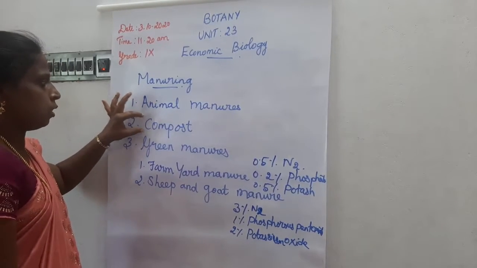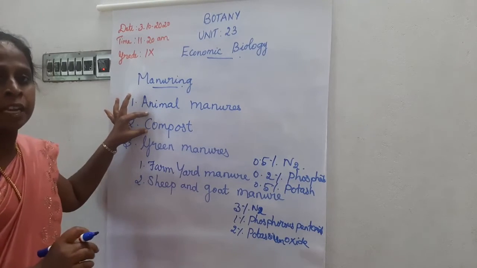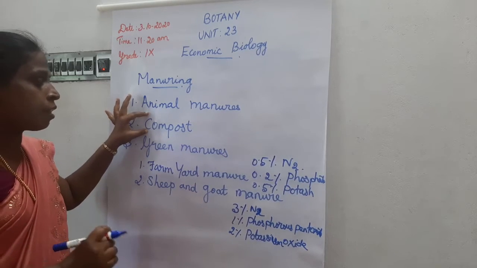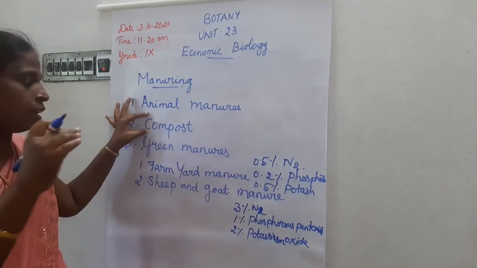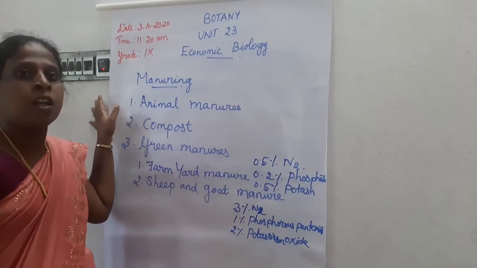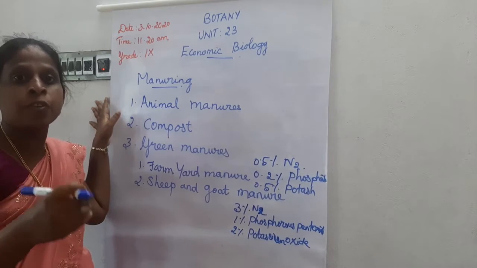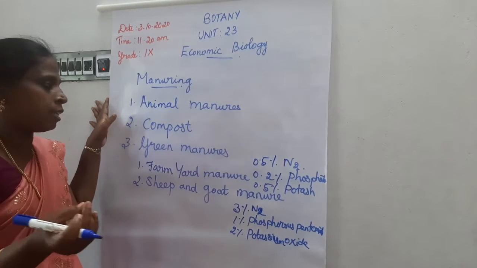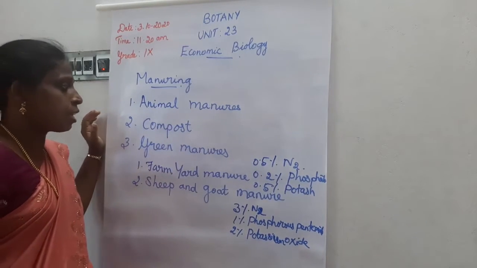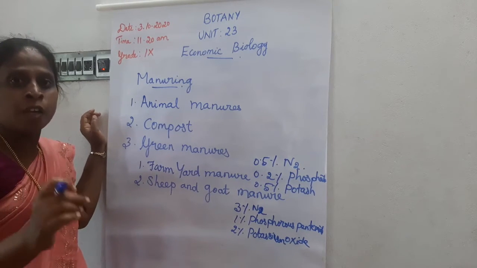Next is compost, the second type of manure. It is a soil conditioner as well as a fertilizer. It is derived from the natural decomposition of waste such as crop waste, plant waste, animal waste, food waste, and industrial and municipal waste.